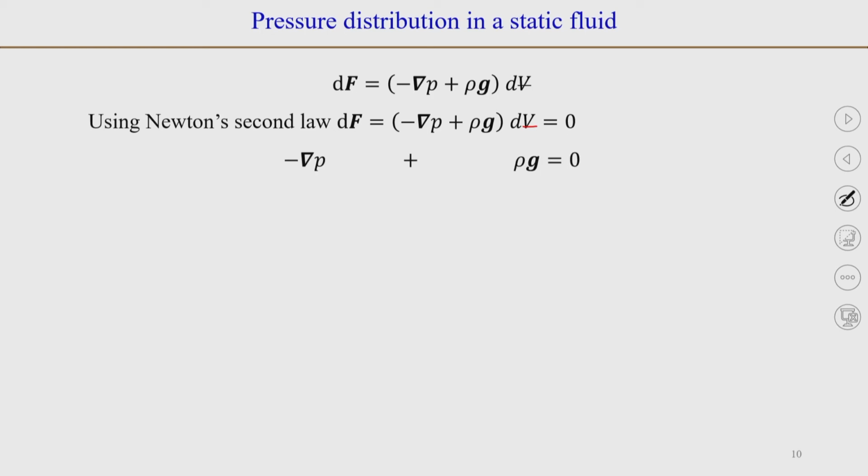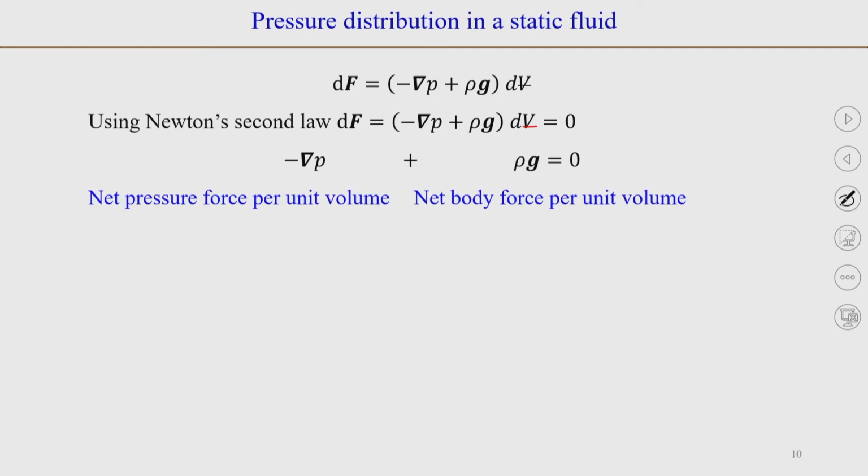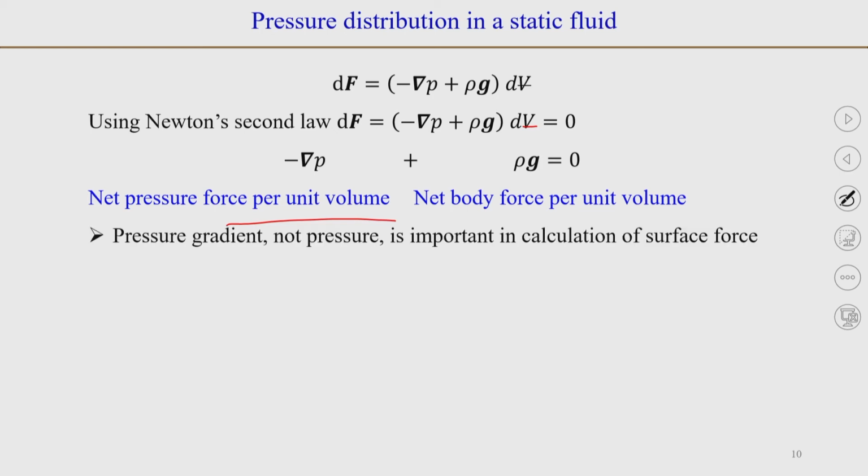So, we have minus del p plus rho g is equal to 0, where del p is net pressure force per unit volume, because we have divided by the volume. So, gradient of p is the net surface force per unit volume, whereas rho g is the net body force per unit volume. So, the surface force and body forces will balance each other.